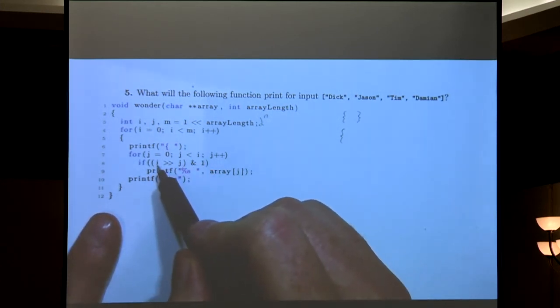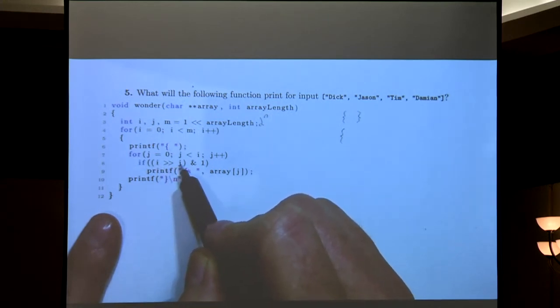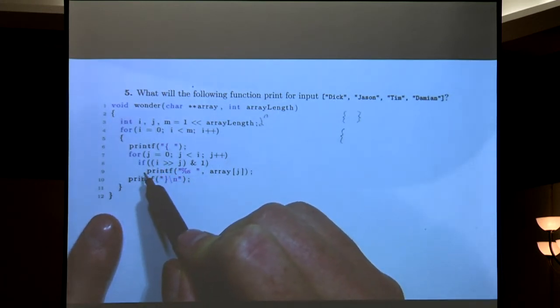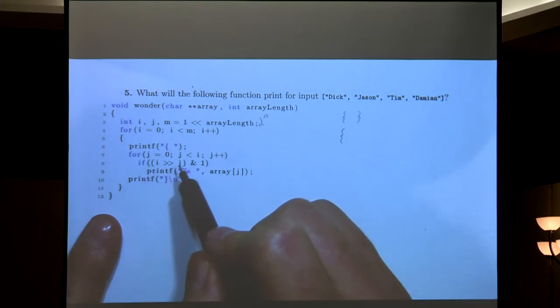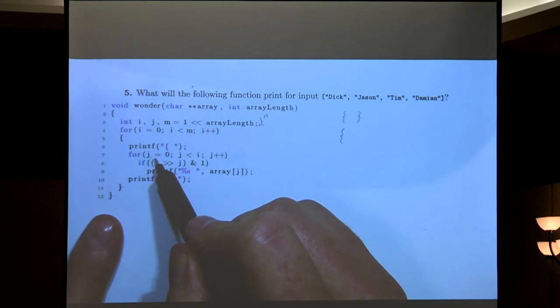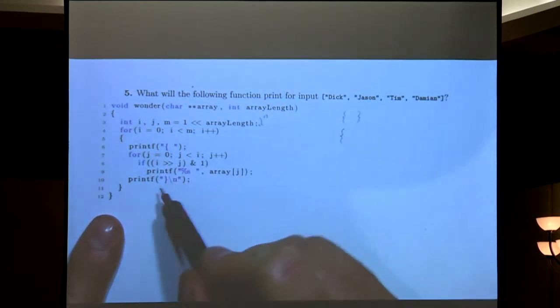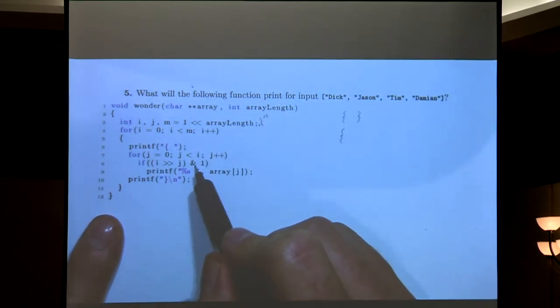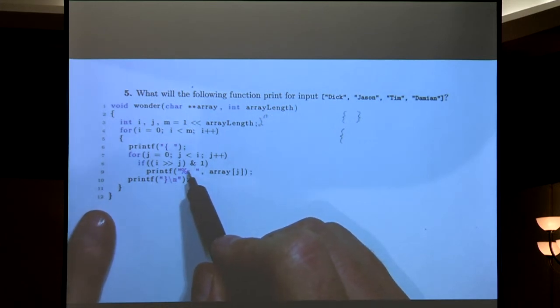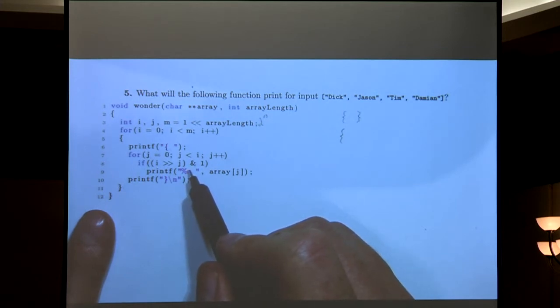If i shifted to the right j times, so right now i is 1, and we're shifting it to the right j times. We're in the first iteration of this loop, so j is 0. So we do nothing to i, basically. And we're going to AND that with 1. So i is 1, shifted to the right by 0 is 1.